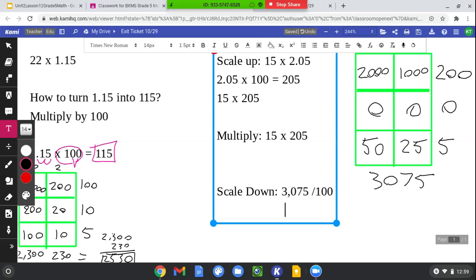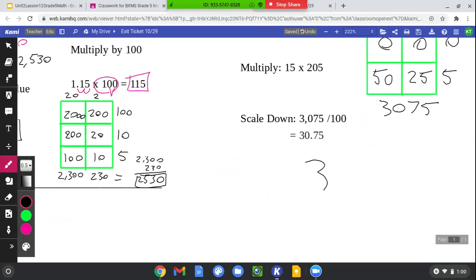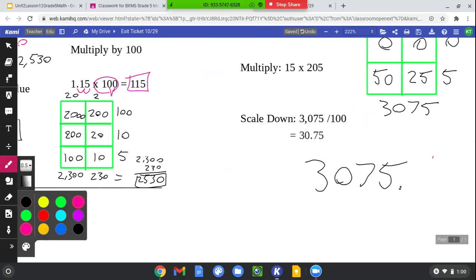And that is going to give me $30.75. So two place values, 1, 2, and I get 30.75.